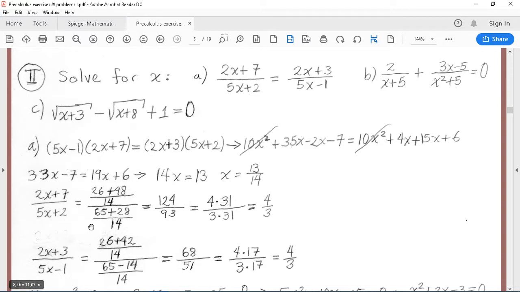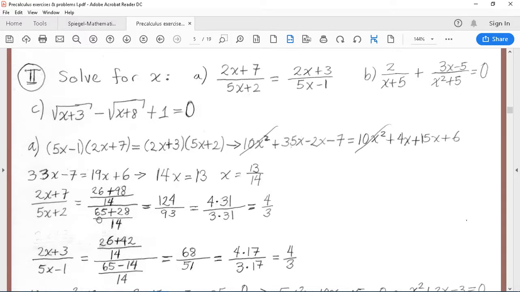Well, we end up with 2 times 13 is 26, and 7 times 14 is 98. So we are left here with (26 + 98) over 14. And down here we are left with 5 times 13 is 65, and 2 times 14 is 28. So we have (65 + 28) over 14 here.